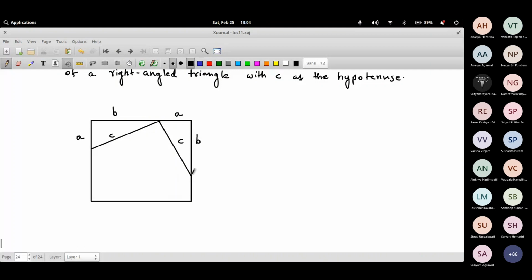Now, again, this is A, this is B, and this is C. Okay, this is A, this is B, this is C. Now, there are again steps to prove that the inner one is also a square.